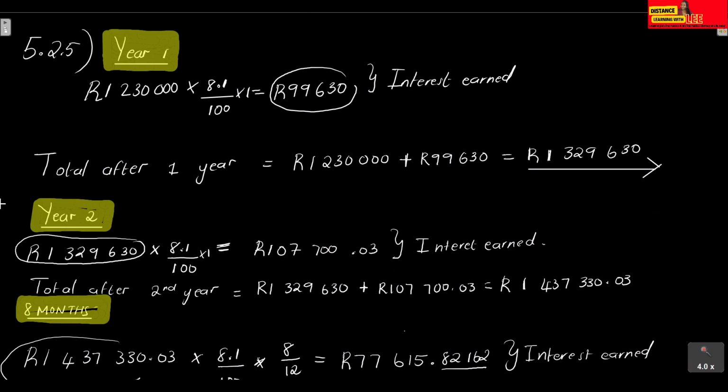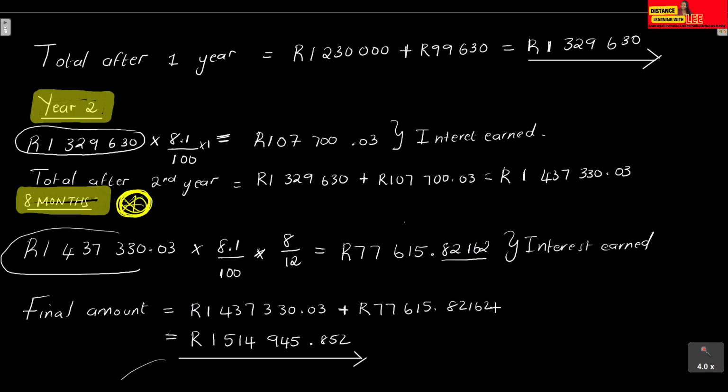annually. And the key here, if it's compounded annually, is that you are multiplying all the time by 1 in each year. But now, when it's in months, you need to take into consideration that it was compounded annually, so we're dealing with year values. If we have months, we need to convert those months into years.